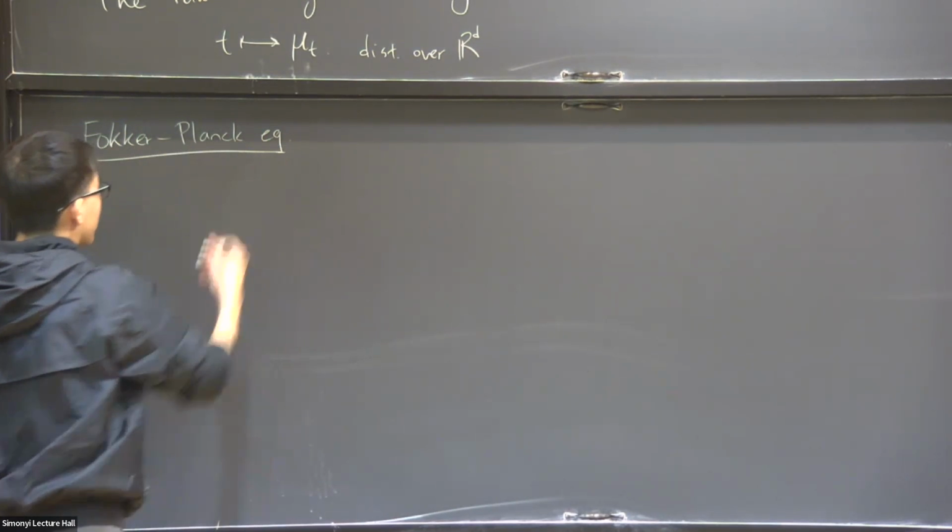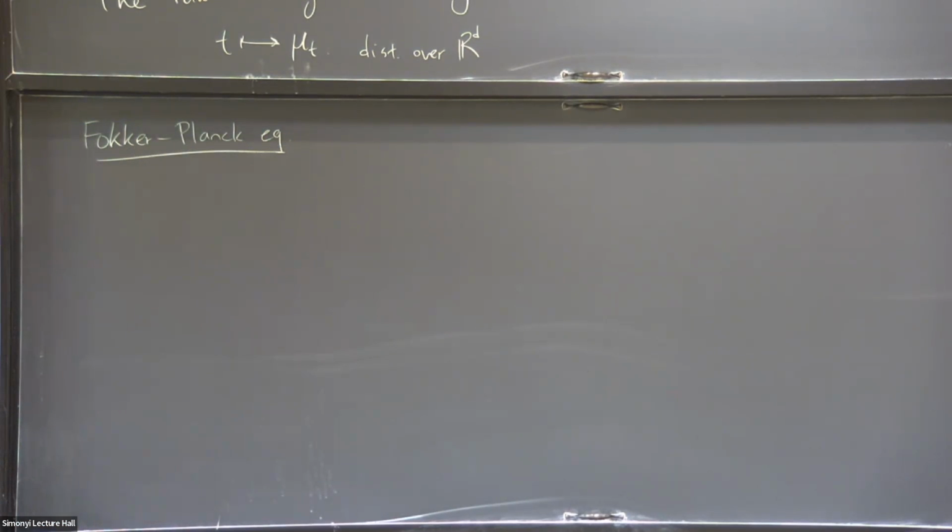It also goes by other names like Kolmogorov's equation, but basically for SDEs, we know how to write down how the law evolves. The way we do that is we track how the expectations of test functions evolve along these processes. And then by duality, if you know how the expectation of every test function evolves, then you know how the law itself evolves.